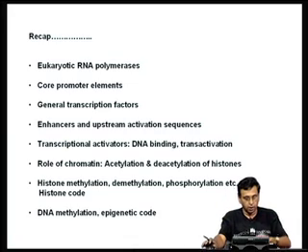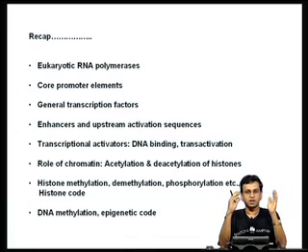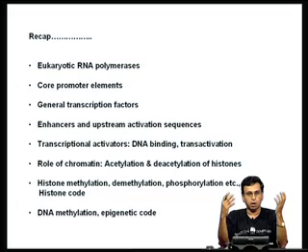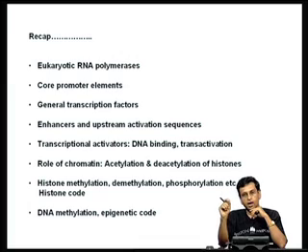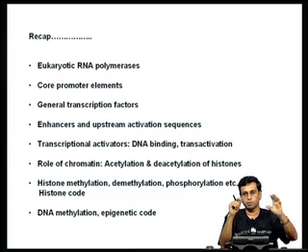Then we discussed in the last class another important area of gene regulation: how DNA methylation plays a very important role in the regulation of gene expression. Among the 4 bases of DNA, cytosine can be methylated by enzymes called DNA methyltransferases, and methylated cytosines are recognized by specific methyl CpG binding proteins.